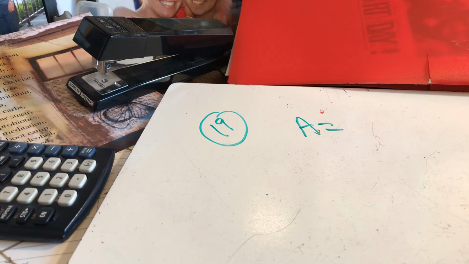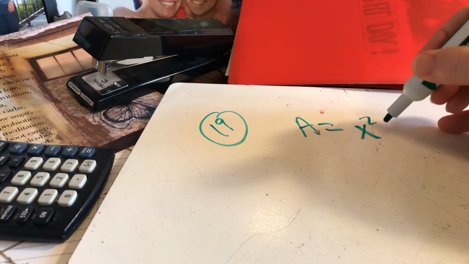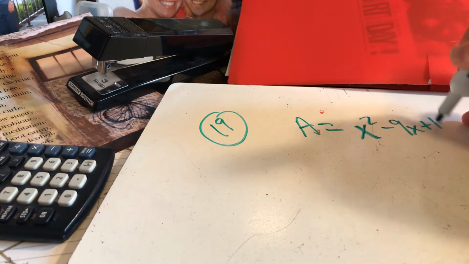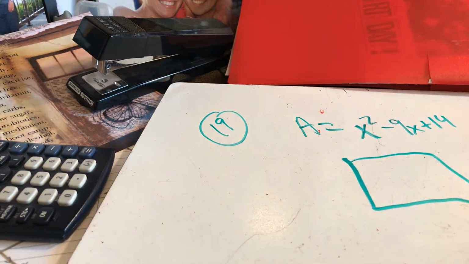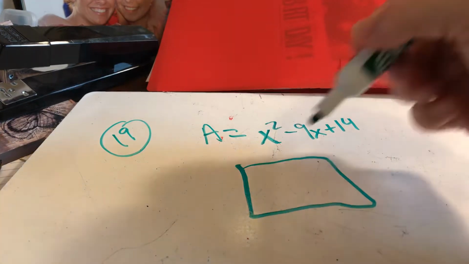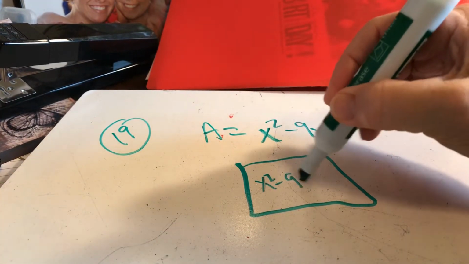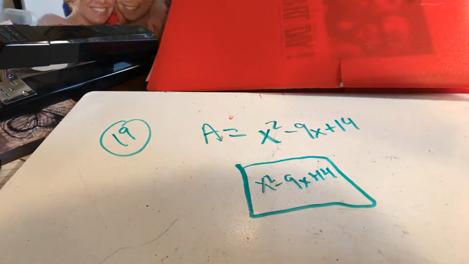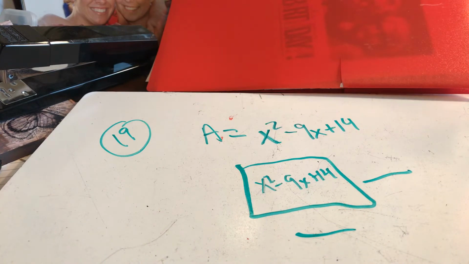I think this was one in your book, but let's just say x squared minus 9x plus 14. So if that's the area of your rectangle, you have to find the width and the length, or the length and the width.